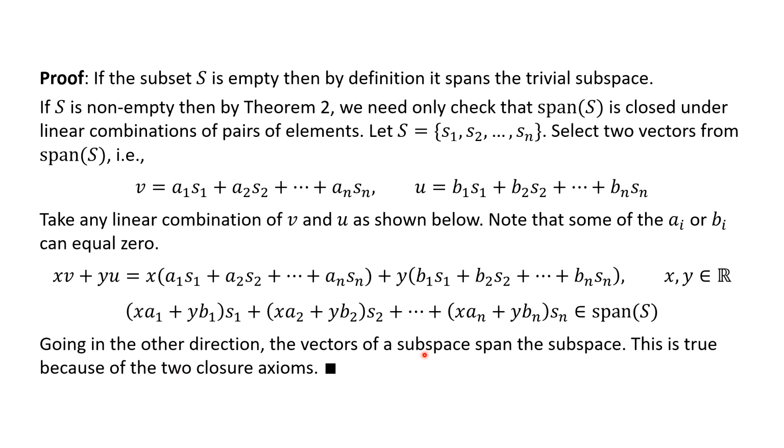So in fact, the vectors of a subspace exactly span the subspace. The tricky part here is that what we really want to find is a minimum spanning set for a subspace, and that's not typically all of the vectors in the subspace, as we'll get into later.